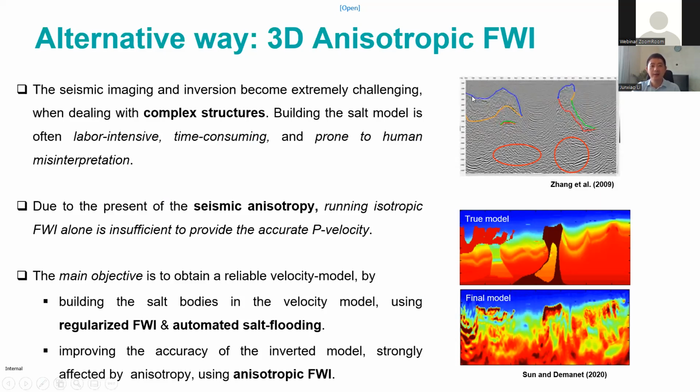So our target is to use the regularized FWI plus automated salt flooding to reduce the human intervention, so as to reduce the human misinterpretation. And we have also considered the seismic anisotropy in the whole workflow.